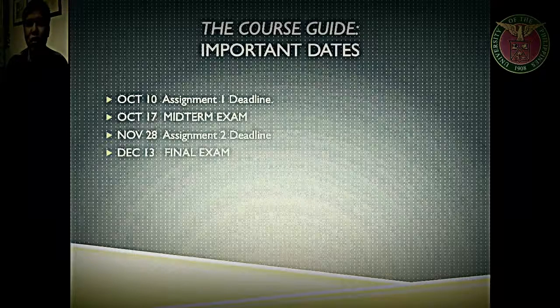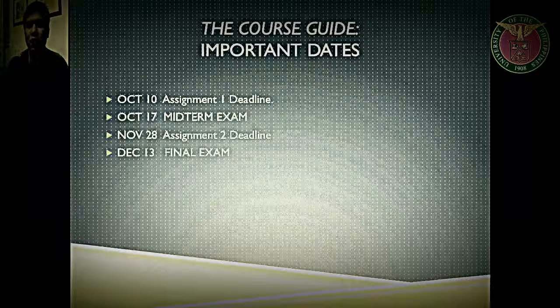I also wrote in your course guide some dates that you need to take note of. But here are the four most important ones. The first one is October 10, which is the deadline of your first assignment. I'm not sure, but I think I changed the date because we uploaded the assignment a bit later than we expected.